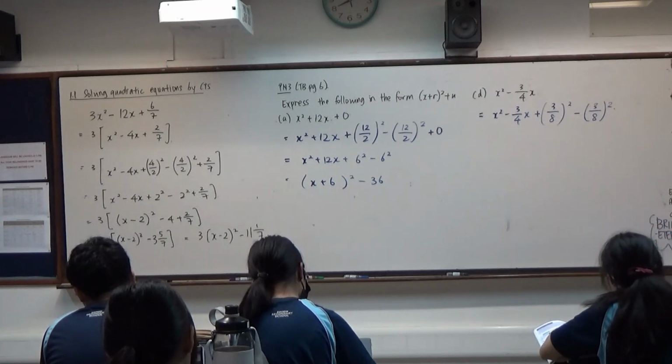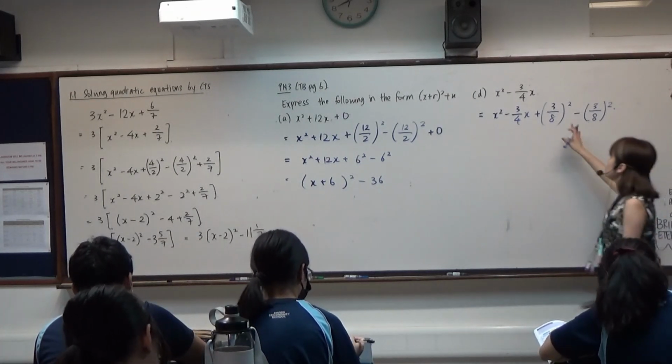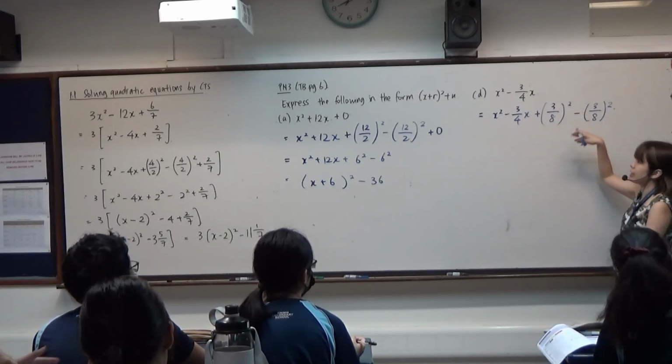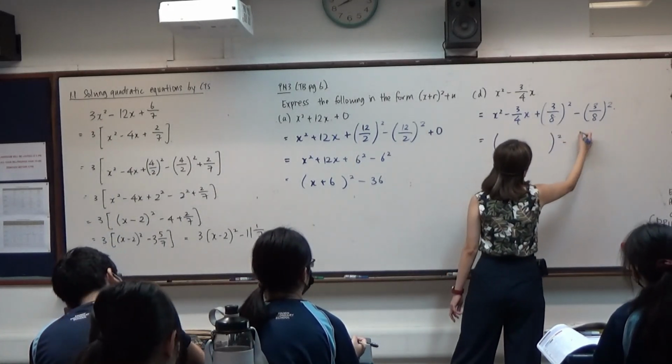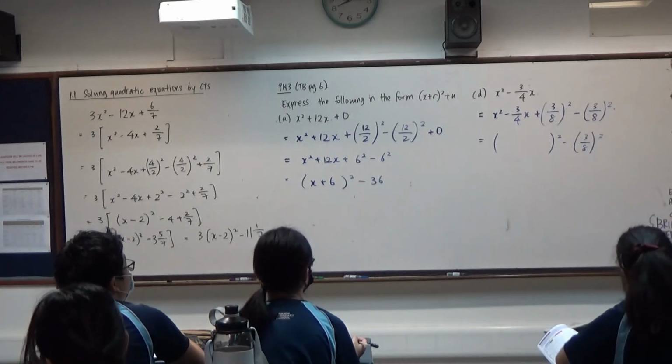So 3 over 4 divided by 2 is our 3 over 8. So take note that whenever we have a fraction and then we want to square, make sure there are brackets around it.